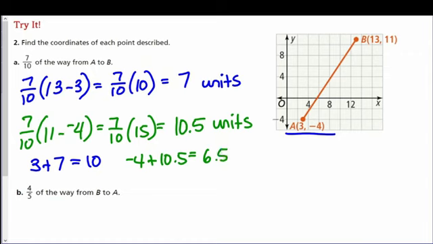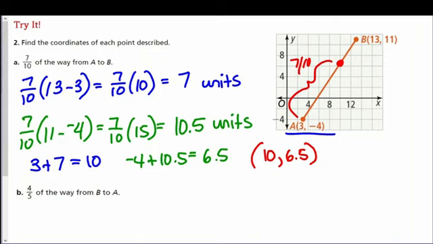So the coordinates of my point that is 7/10 of the way from A to B is going to be 10, 6.5. So there's the location of our point. That is 7/10 of the way from A to B.